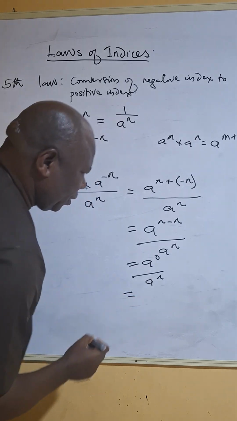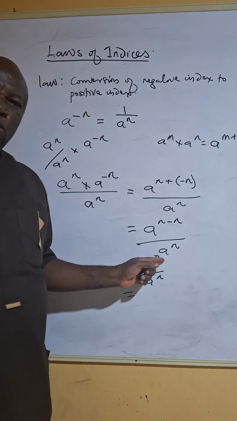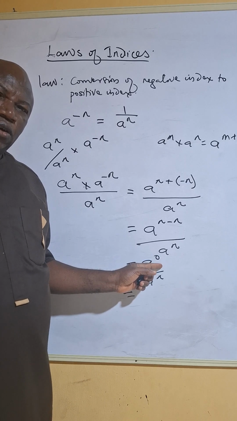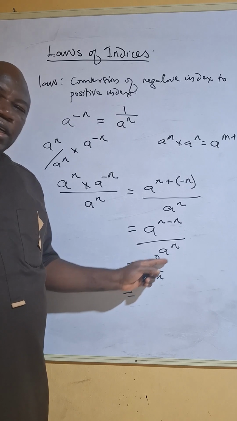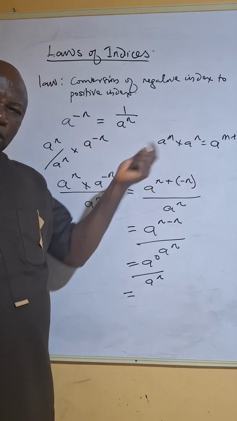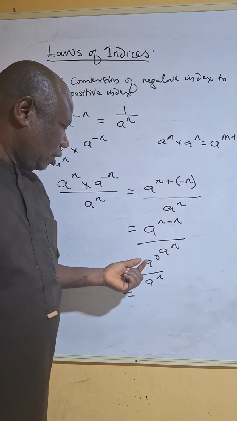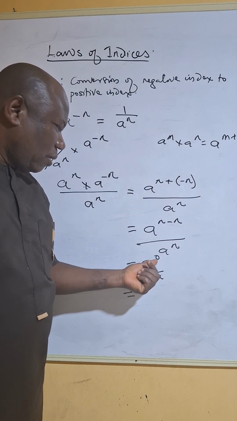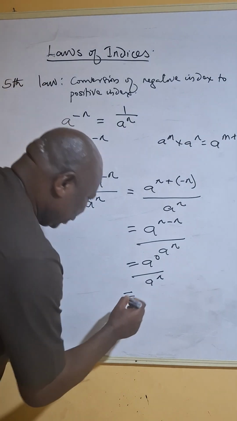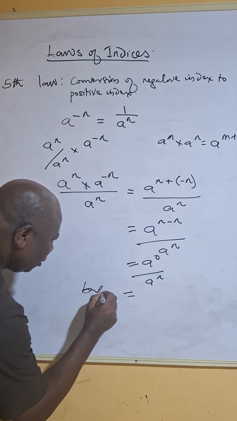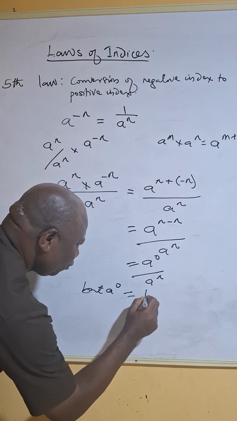And what is going to be our final answer? Anything raised to power 0, this is the third law of indices. We have already proved that. You can go back to our previous lectures. So a raised to power 0 is equal to 1.